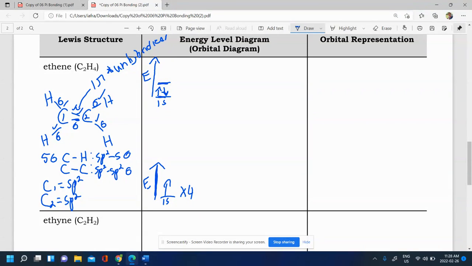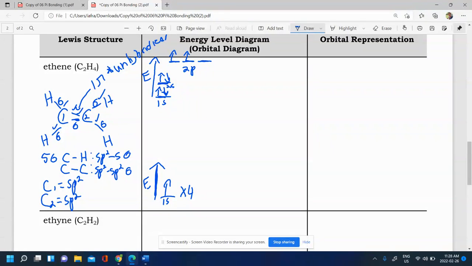This is a 2s there, and that's filled up as well. And then we have our 2p. So that makes sense. We have, no, I think there's too many electrons. Carbon's number 6. So there we go. That makes sense. So we have 2p2.